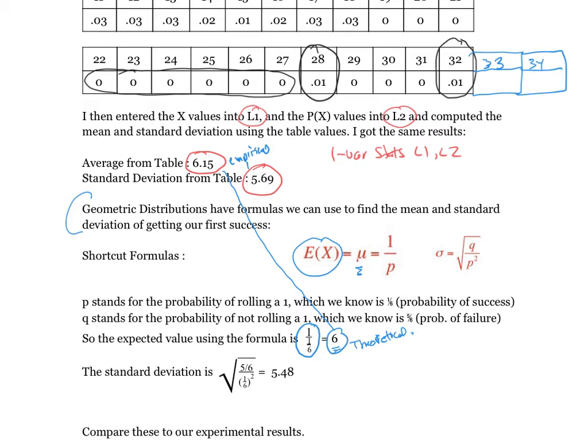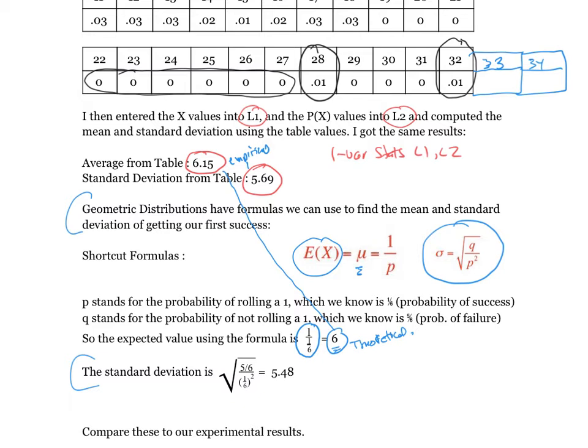So just realize that. And then for the standard deviation, over here to the right, it's the square root of q over p squared, remember q is failure, over success squared. So remember, the chance of failing was 5/6, and the chance of success was 1/6. So I did that down towards the bottom. Okay, so I have 5/6 divided by 1/6 squared, and then take the square root, and we got 5.48.